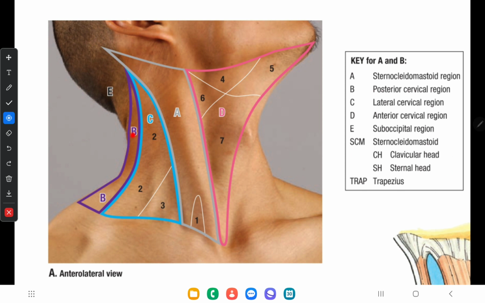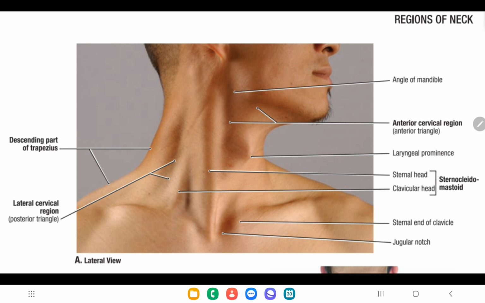I showed this picture to give a rough idea of where the triangles are located in our neck. From this picture also you can surface mark where the posterior triangle is.